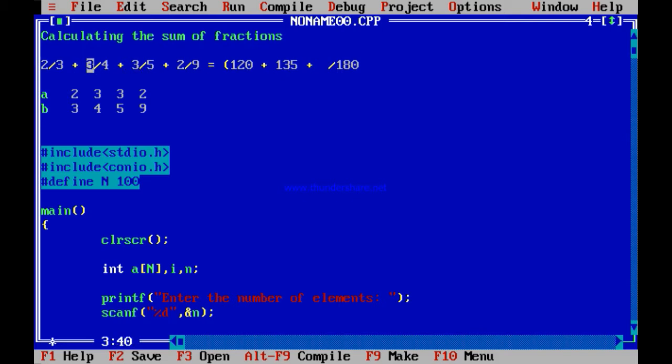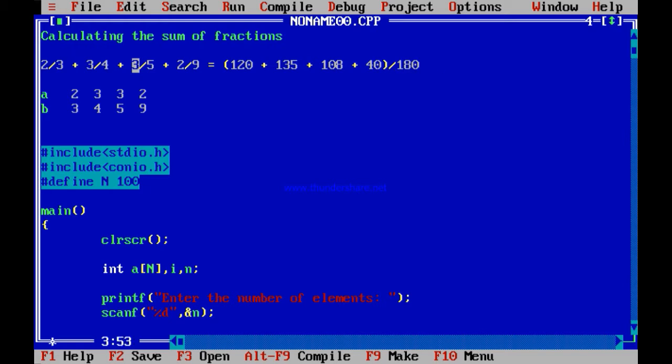Then 180 divided by 5, what is that? 36. 36 into 3, what is that? 108. So this is 108 plus. Then again, 180 divided by 9 is 20. 20 into 2 is 40. So this is 40. And this is the total fraction.